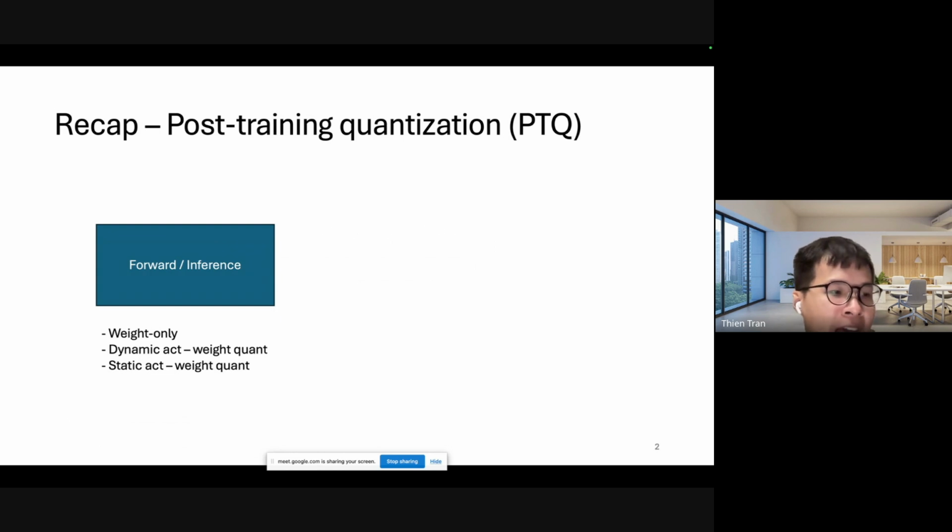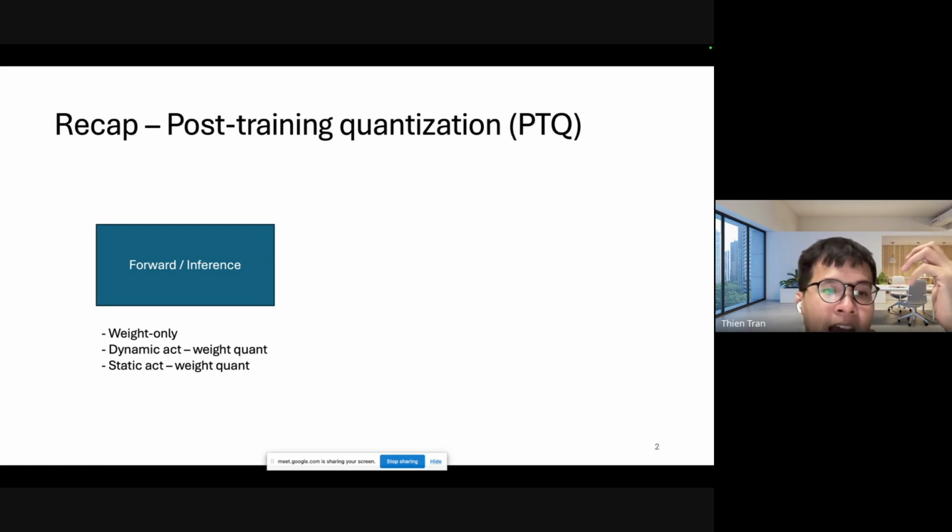So just a bit of recap. Most of the time when we talk about quantization, people think about post-training quantization. It means that once we have trained a model, we quantize it so that it runs faster, or maybe it's just a smaller model. The typical task will be weight only, which means that you only quantize the weight. During the forward pass, you dequantize the weight and do the normal matrix multiplication.